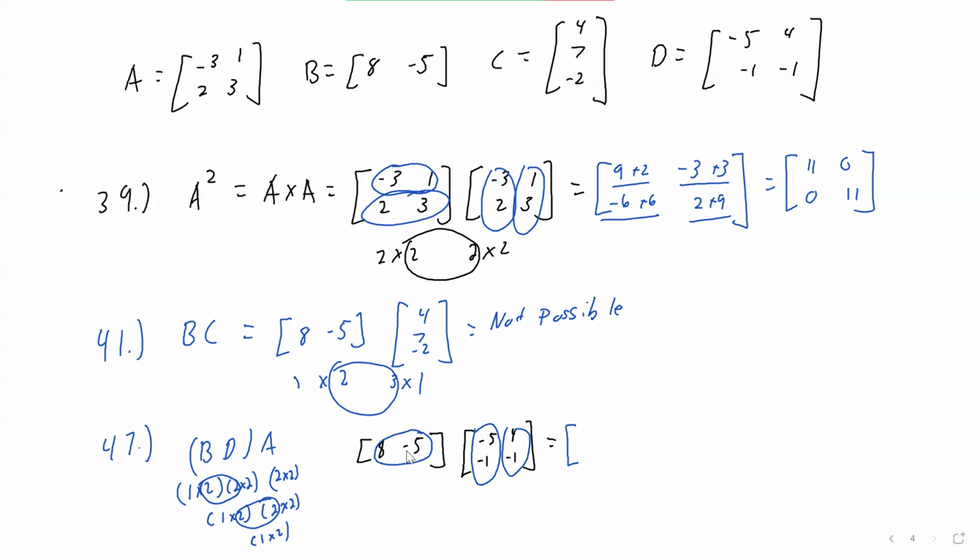This is row 1, column 1, so that's going to be -40 plus 5. Row 1, column 2, so my next result should have been here, which will be 32 plus 5. So that's -35, 37. Again, trying to write a 7 like that. And now I'm going to bring in [-3, 2; 1, 3]. So row by column now.